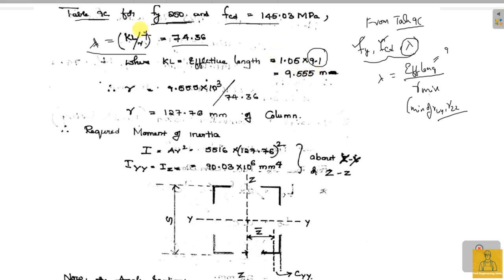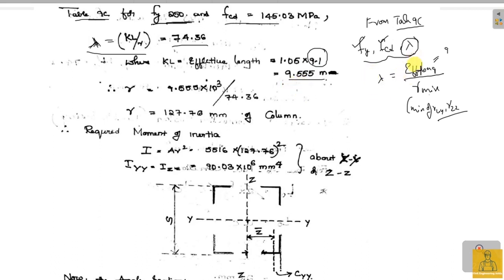If KL increases, that leads to slenderness value lambda also increases, right? When you are using lacing system, the code is saying that you have to increase the slenderness effect of this column. That is for the safe side. So now the effective length is 9.555, not 9.1 now. So use this value.